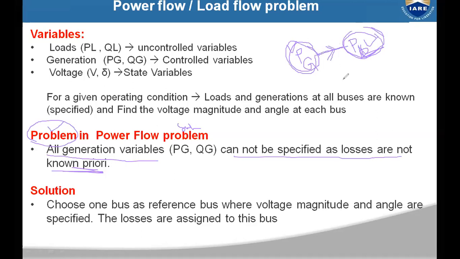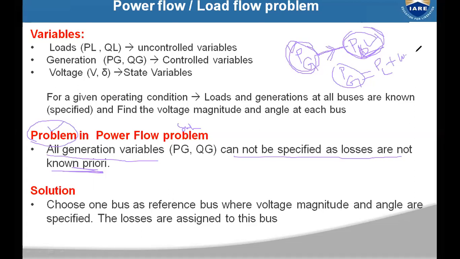So your generation must be equal to your demand at the load. But in the transmission lines you will have some loss due to the resistance of the lines. So the generated power must be equal to the power demanded by the load plus losses.